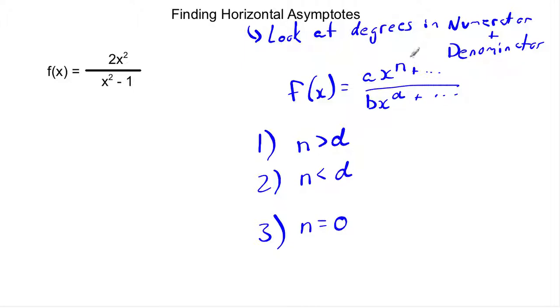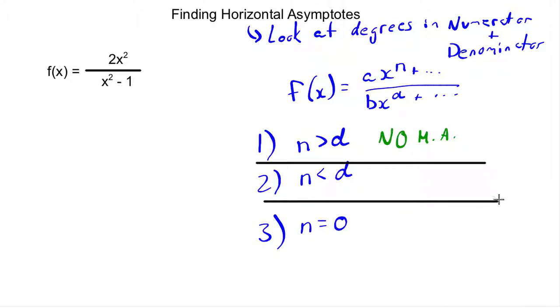Now, whenever the degree in the numerator is larger than the degree in the denominator, it's really simple. There is no horizontal asymptote, and that's perfect. If the degree in the denominator is larger than the degree in the numerator, then it's a horizontal line. All of these are horizontal asymptotes or horizontal lines.